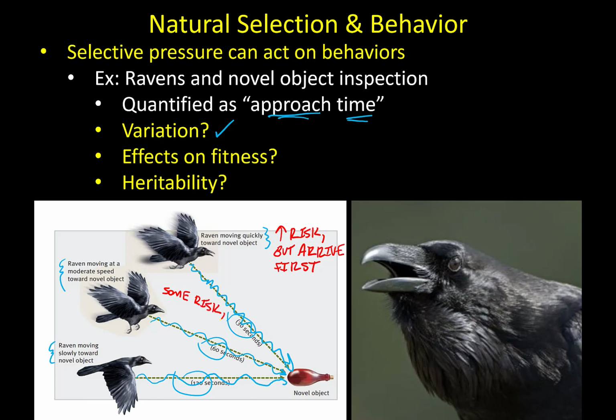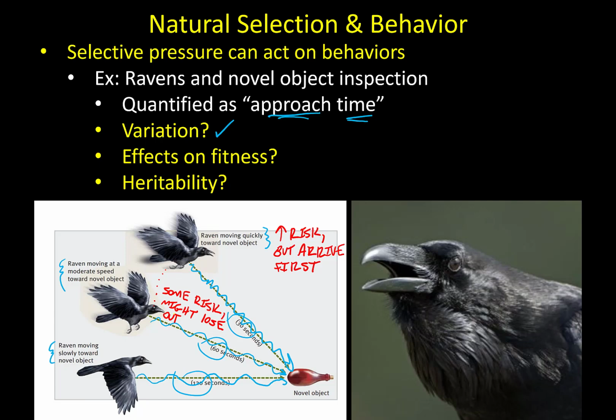The moderate moving bird can actually sit here and watch and see what happens to the fast moving bird. If the fast moving bird gets to the novel object and it explodes, well, the moderate moving bird then dodged a bullet. But what if it's a beneficial resource and the fast moving bird gets there first? They might lose out on the benefit of this novel object.